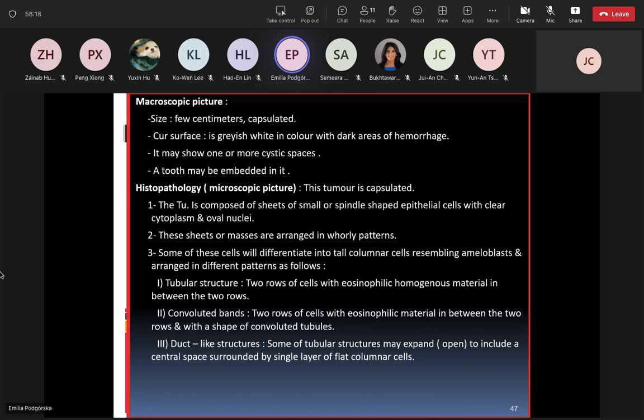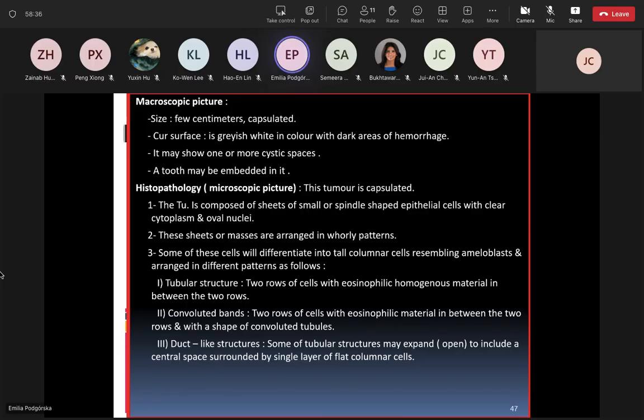Microscopic picture: size a few centimeters, encapsulated. The cut surface is grayish white, followed by dark areas of calcification. It may show one or more cystic spaces. A tooth may be embedded in it.